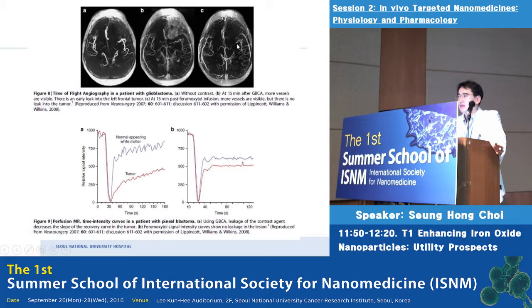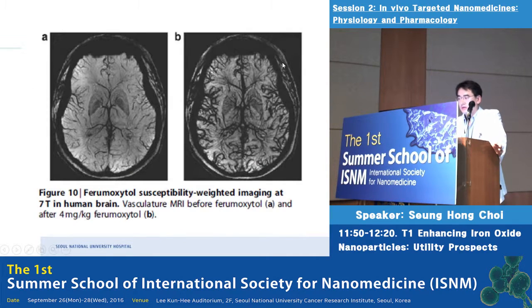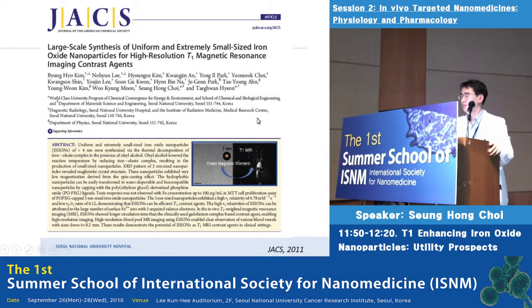That is not leaky to normal brain tissue or tumor tissues. Okay, by modifying the MR imaging sequences, we can make T2 vascular images using the nanoparticles.